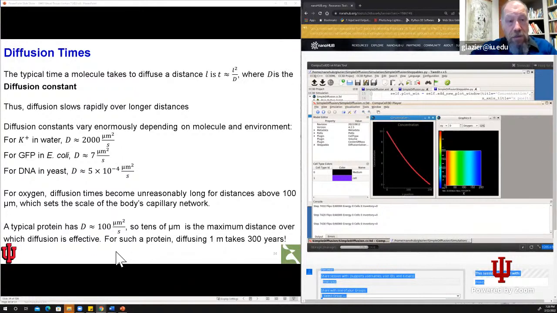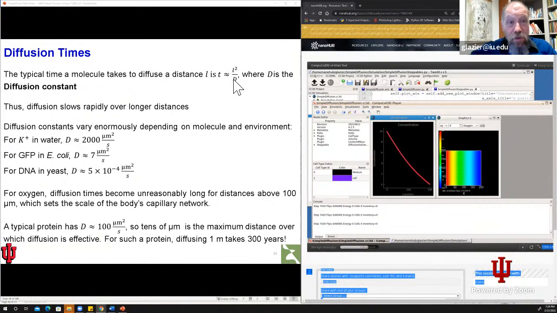If you ask about an axon, if I want to get a molecule from my body up to my brain, because I have a neuron, and I want to do it with diffusion, 1 meter is how many microns? 10 to the 3 times 10 to the 3, 10 to the 6th microns.